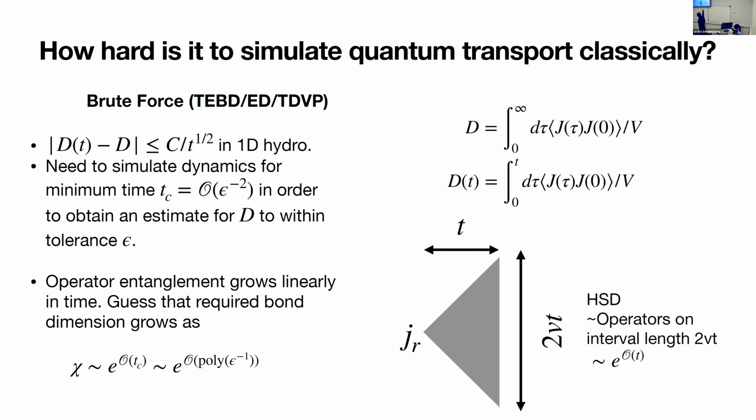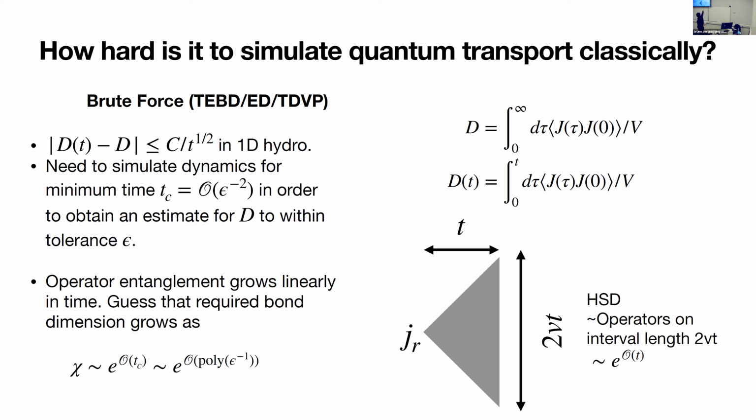And one thing you notice is that you could obtain this formula if you knew something about the structure of J of t. Because then if you had an exact formula for J of t, you could just plug J of t into this expectation value. The expectation value is actually relatively easy to do for a sufficiently high temperature state, and you get the answer.